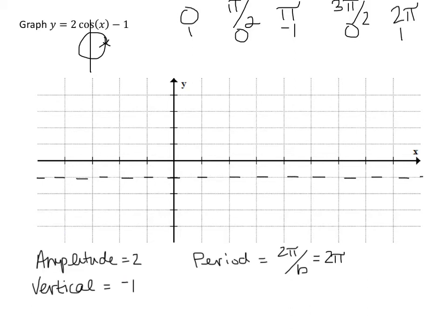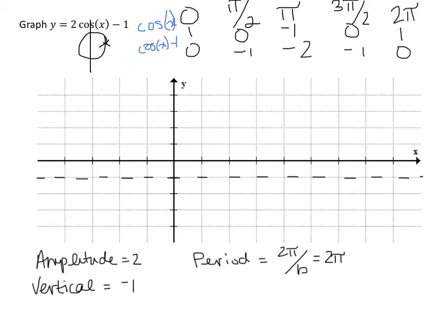So this becomes 0, -1, -2, -1, 0. And just to make this a little easier to read, I'll write that this one was cosine of x.